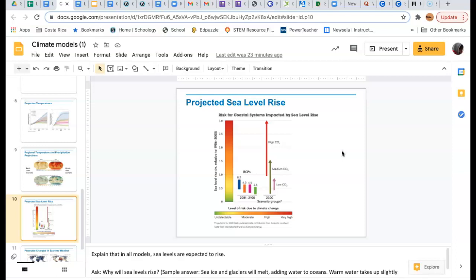So because warmer oceans will occupy more space, the level of the sea will naturally rise. The other reason is that an increase in temperature leads to increased ice melting. If glaciers melt, that water is added to the ocean, which leads to more sea level rise. That's where the science of sea level rise comes from.